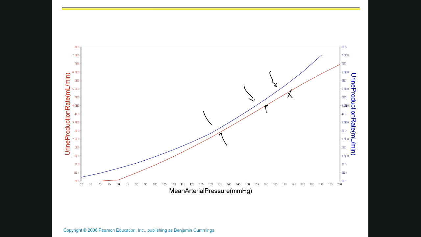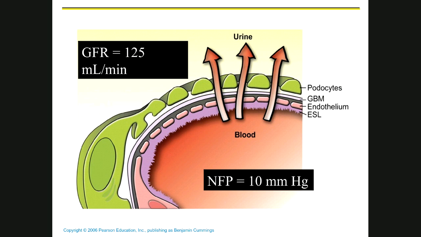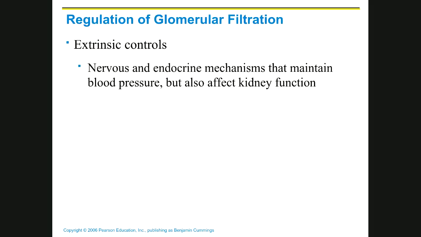And so we want to regulate this blood pressure so we can regulate GFR. Again, this is ideal right here. And in order to do that, we have to have this number right here.